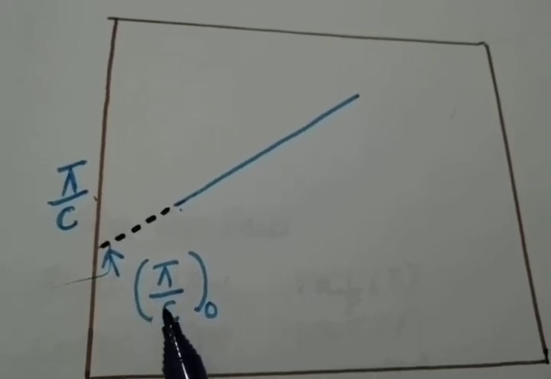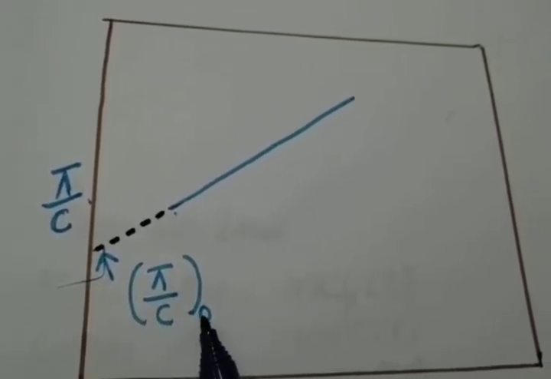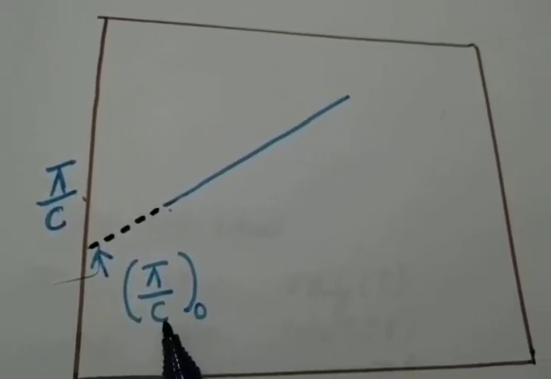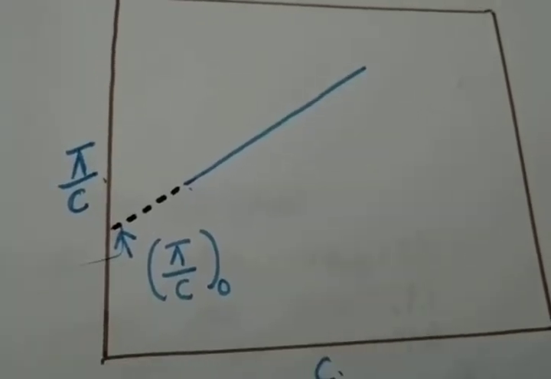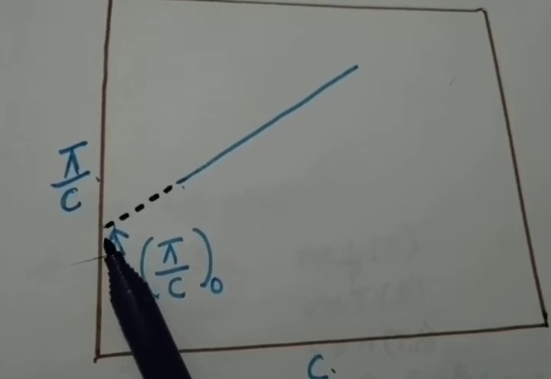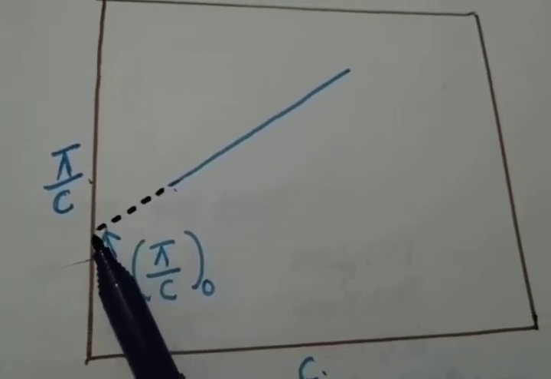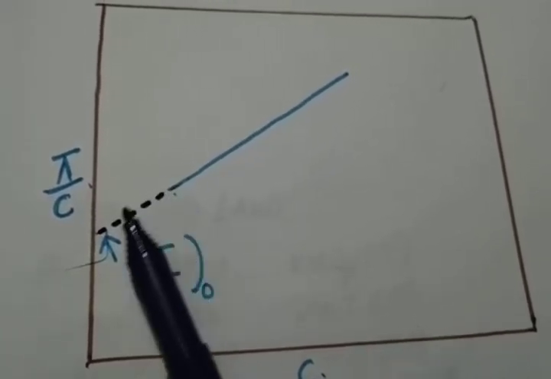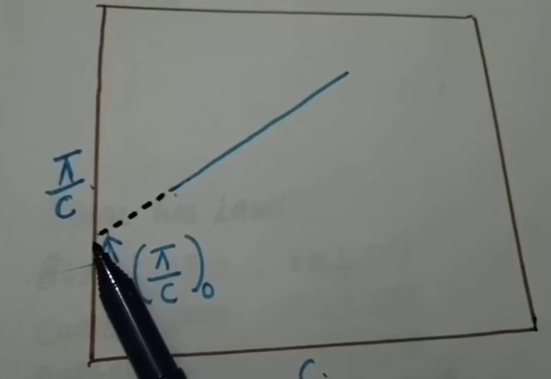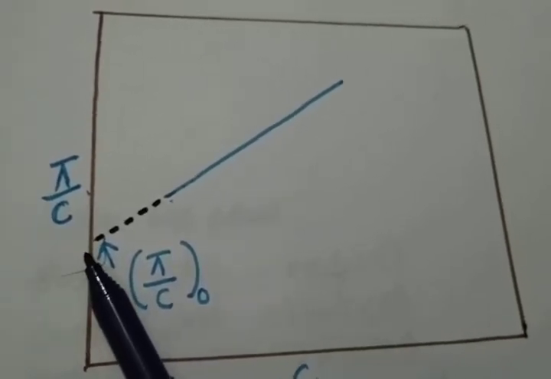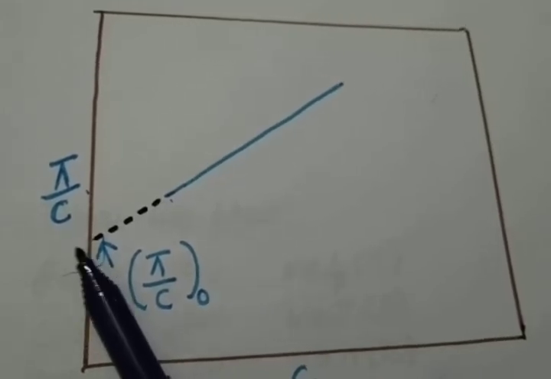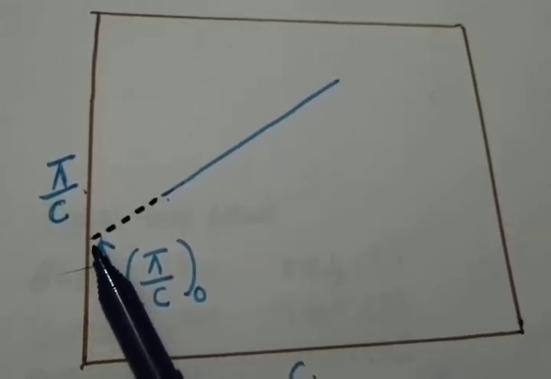We will get pi by c at 0, that is the limiting value, c tends to 0. We are actually extrapolating this line to c tends to 0 in order to get the actual molecular mass of the macromolecule.